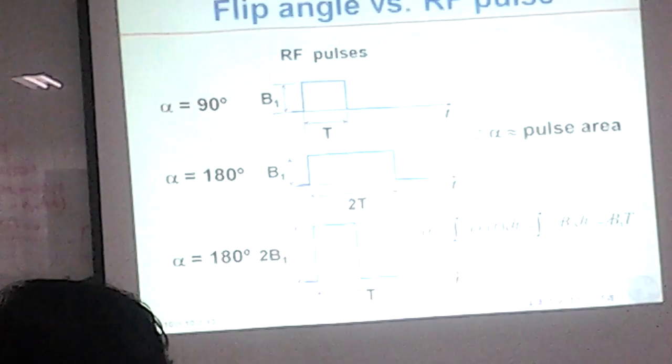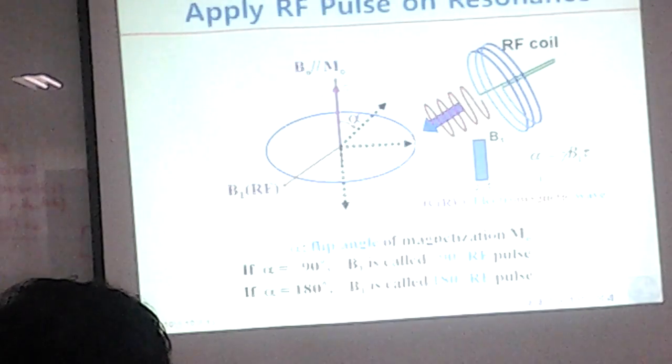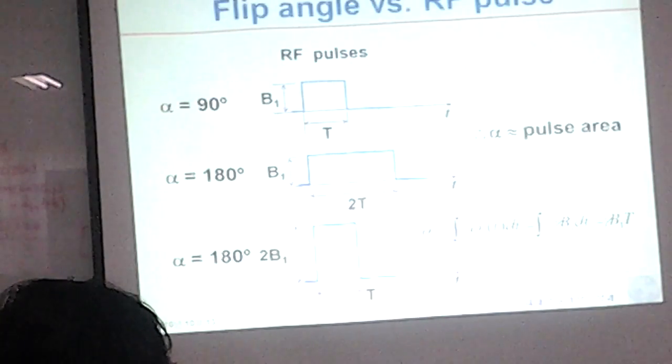Mathematically, the flip angle can be calculated by the integration of the angular frequency of magnetization due to the RF pulse. Omega 1 is the angular frequency of magnetization due to the RF pulse. If the pulse is constant, then we can calculate the flip angle like this.